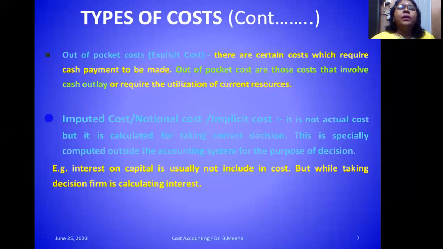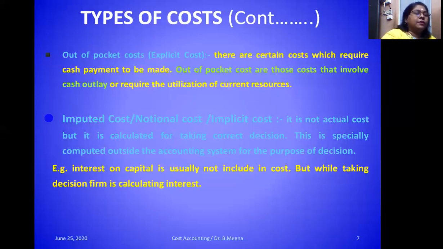I'm not going to pay these, but they have to be considered to know the exact profit of the company or to survive in the future. So this is the thing I want to highlight. Imputed cost or implicit cost is a very important term.